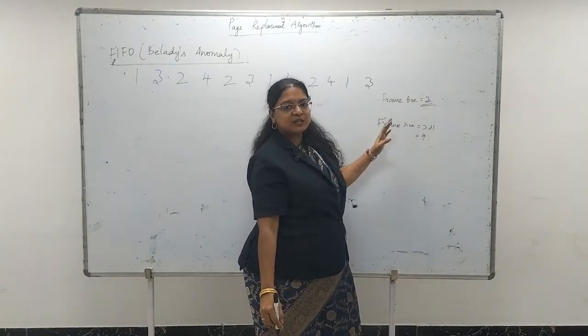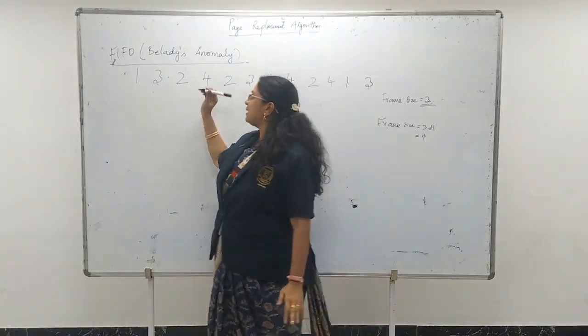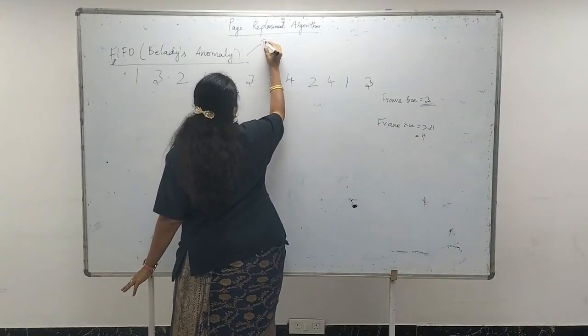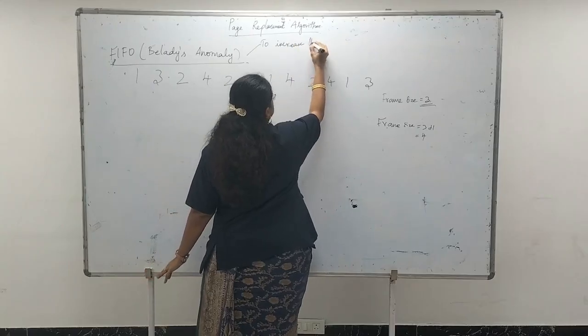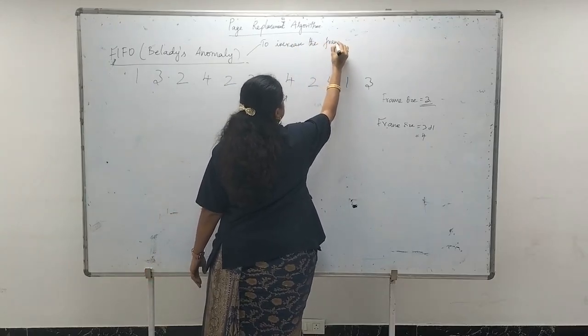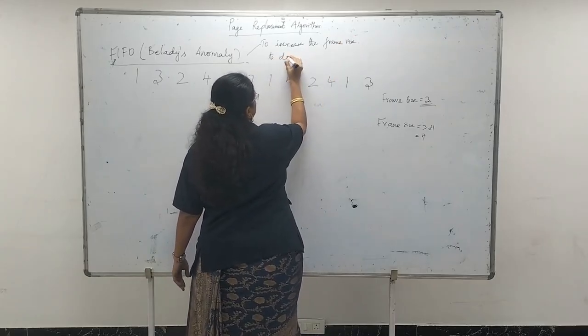That is, you are increasing the frame size to reduce your page fault. So that is your Belady's anomaly. Belady's anomaly means increasing the frame size to decrease the page fault.